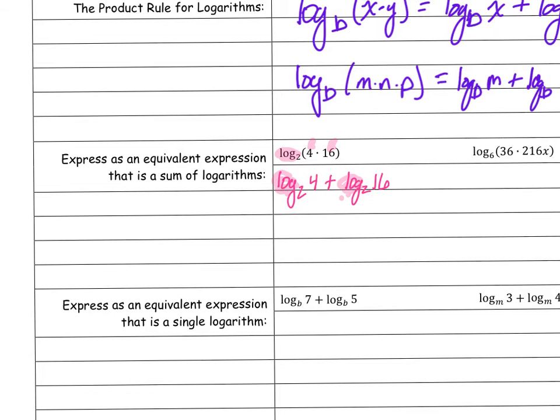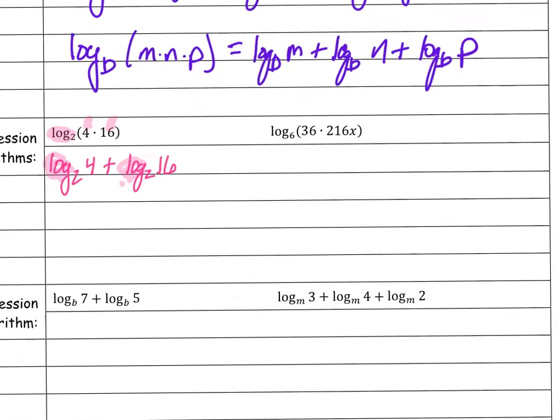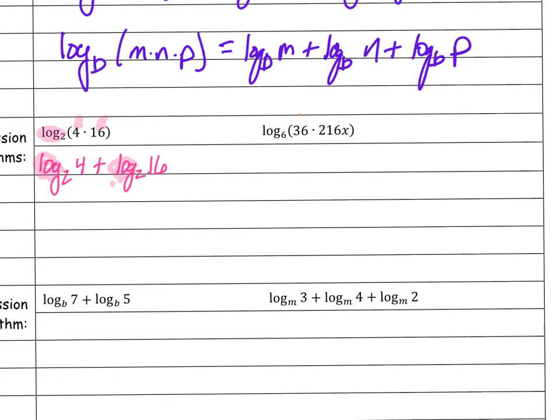So how many things do I have multiplied together? Well, I've got 1 here. I've got 2. And I've got 3 because that's 216 times x, correct? Just because it doesn't have a times sign behind it doesn't mean it's not times. I have a number and a letter touching, that means it's times.